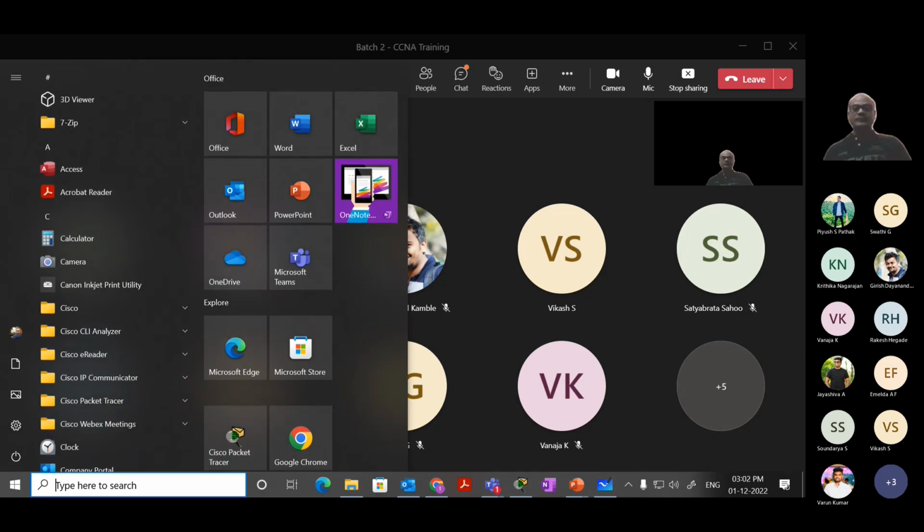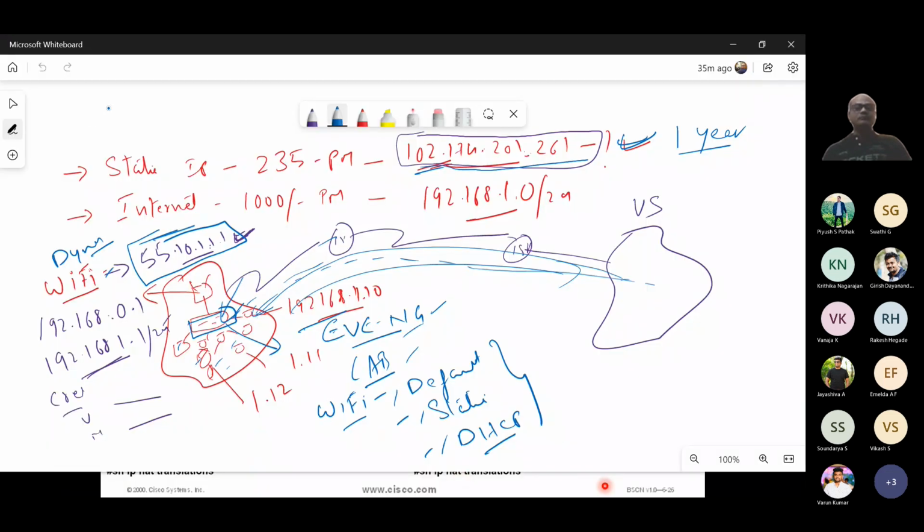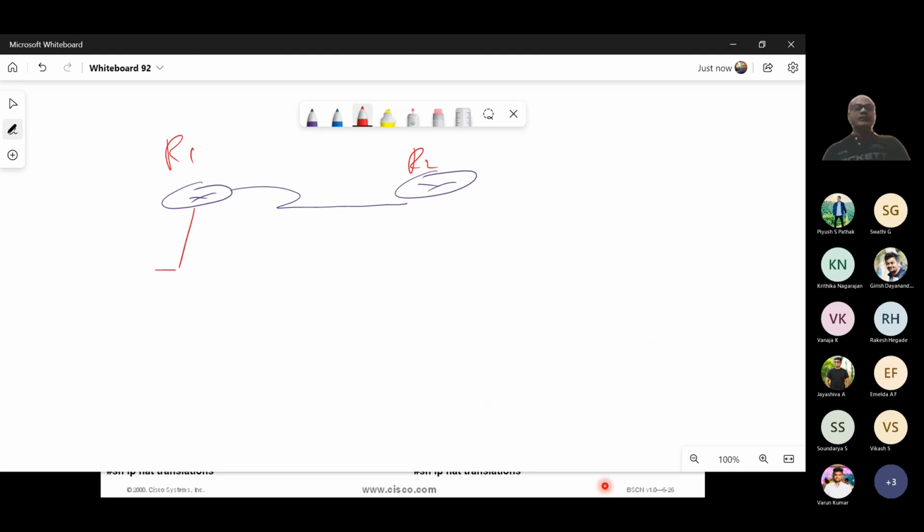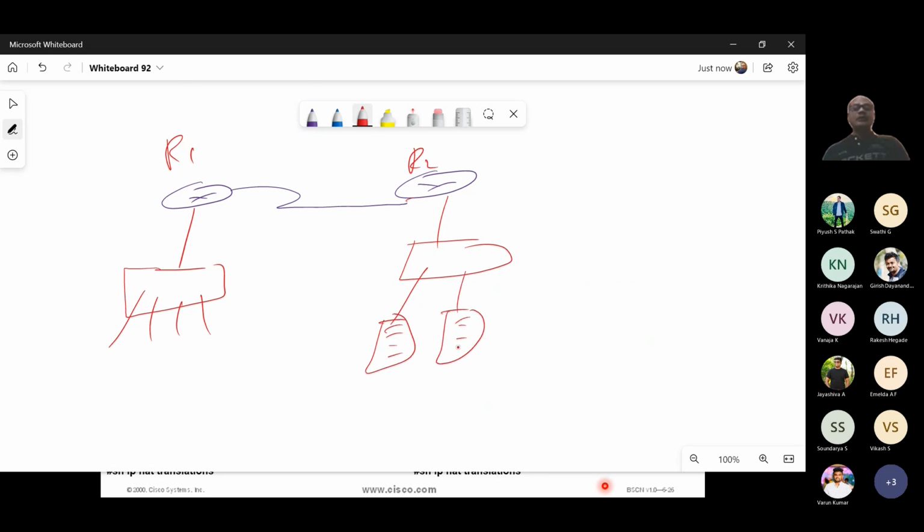Say for example, let me give one scenario. This is my router and this is my ISP router. This is how I'm going to connect it. This is my R1, this is my R2. I'm running a lot of PCs and servers inside. And this is my ISP where I have the web server. I have the DHCP server, we have the proxy server.